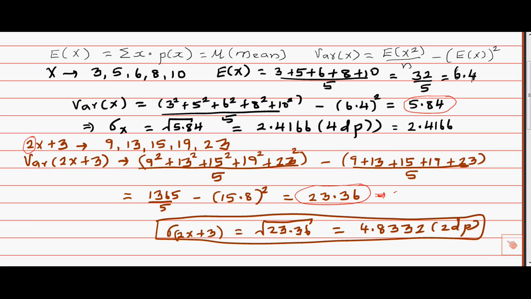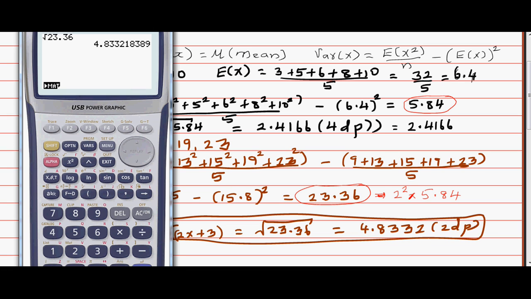So let's do 2 squared times the old variance. 2 squared times 5.84, which was the old variance, is 23.36.